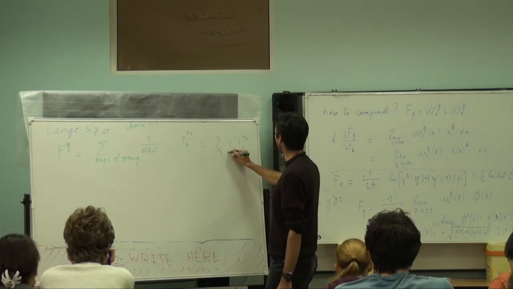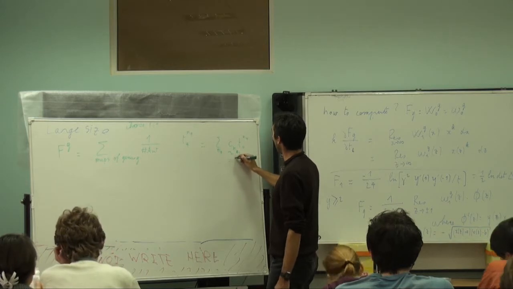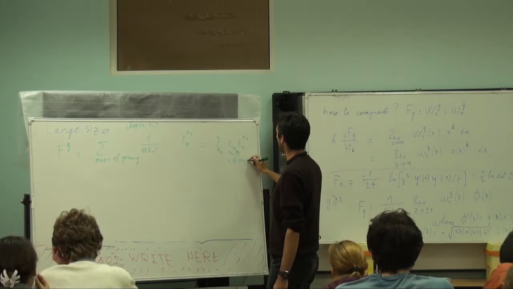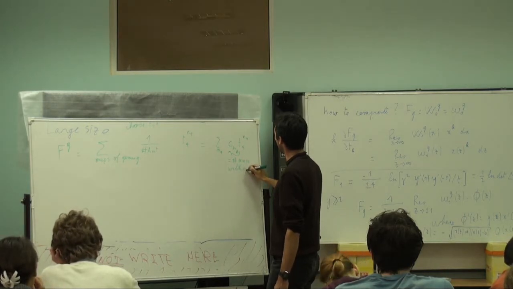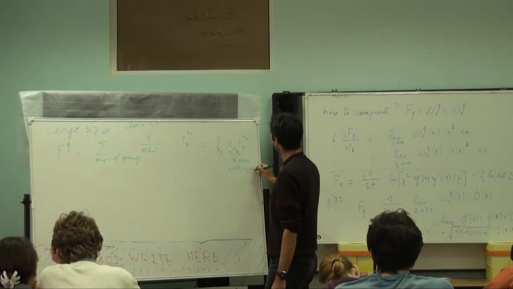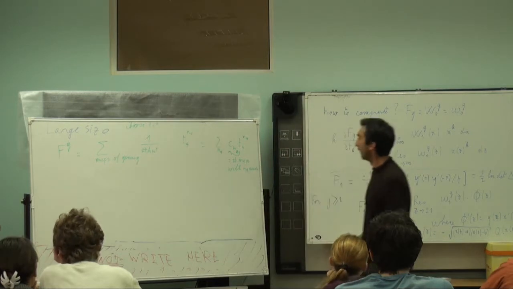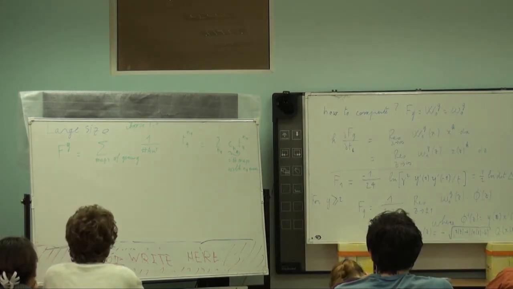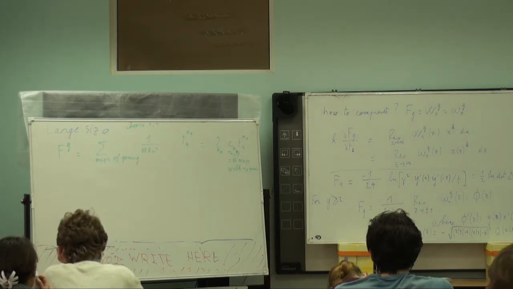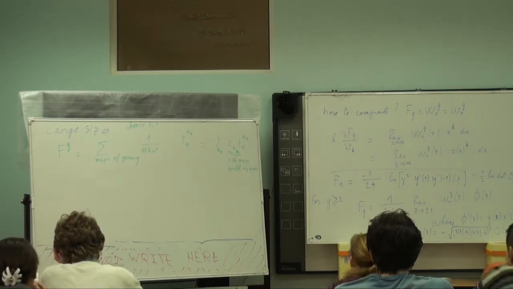And so Cn is exactly the number of maps with n4 quadrangles, up to automorphisms. I mean, it's the number divided by automorphisms, but it's really the good way to count maps. So, question.